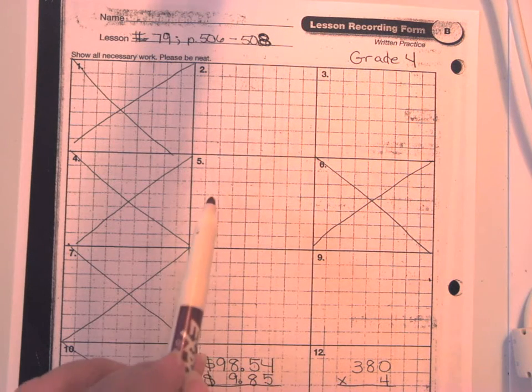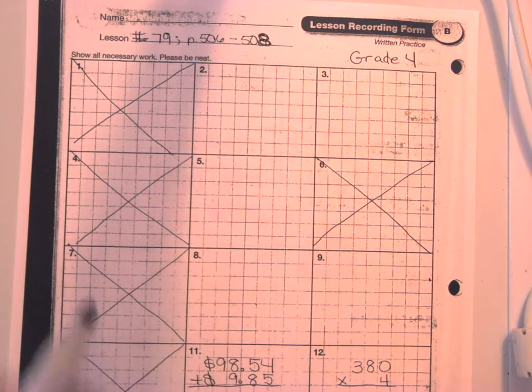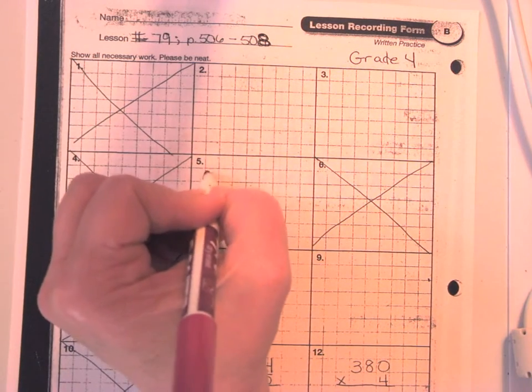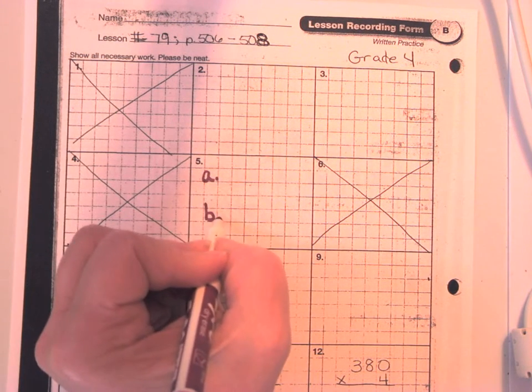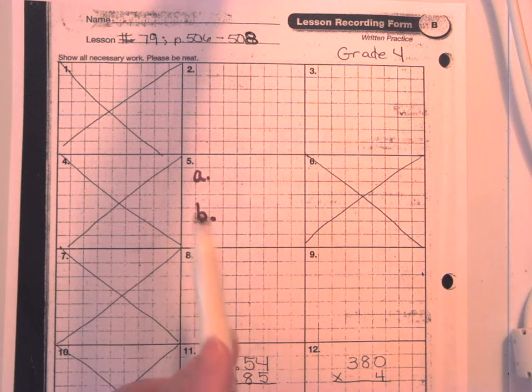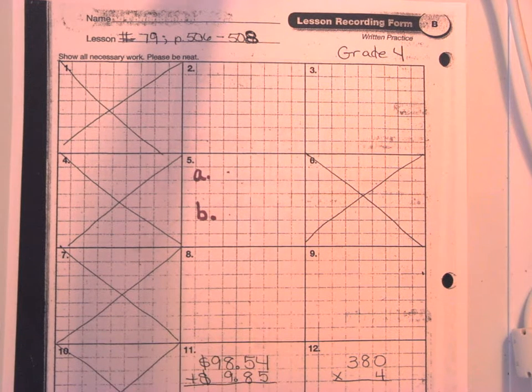Number 5, this should have an A and a B, because it wants to know what fraction is not shaded, and then what decimal is shaded. So shaded in decimal, not shaded in fraction. So make sure that you have that up there for that.